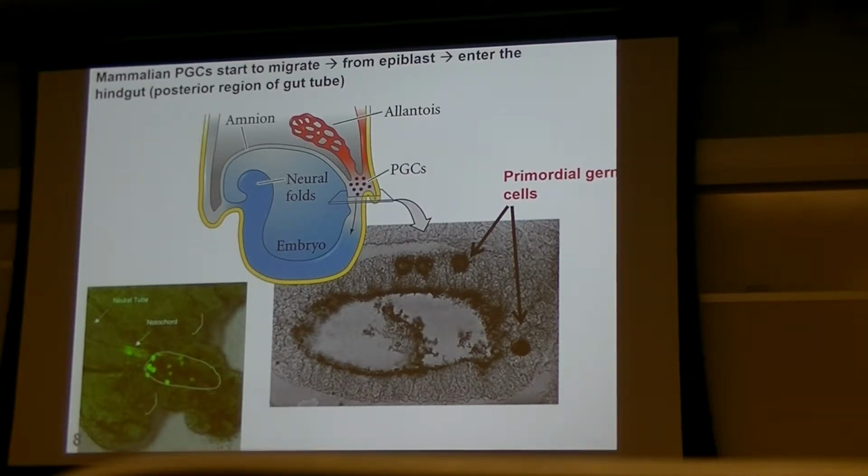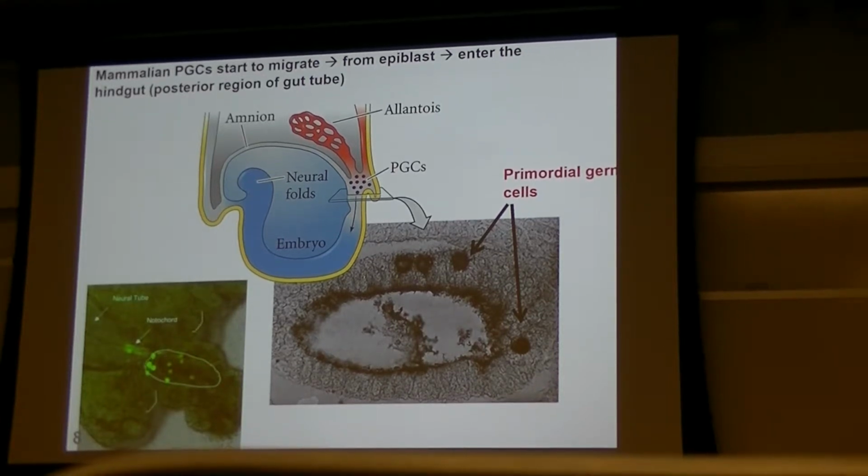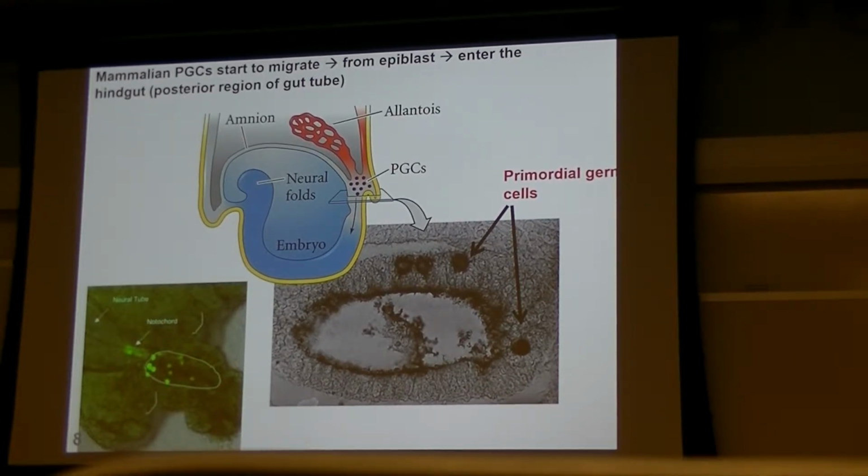So those cells plus the primordial germ cells kind of migrate together, and the presence of this stem cell factor seems to be needed for the primordial germ cells to stay alive and to keep migrating and eventually to get to the right place. So this is sort of an unusual situation where you see two different types of cells migrating together to get to a final destination.